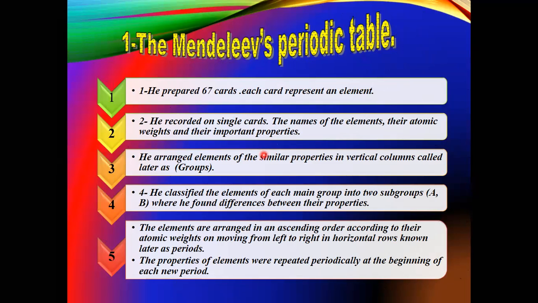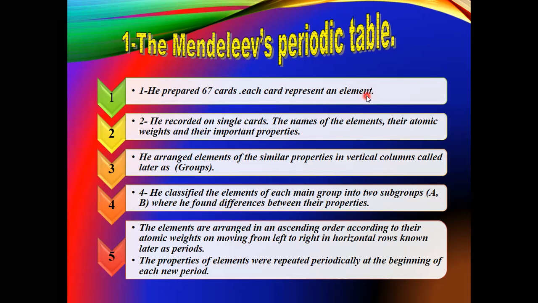He was a professional card player, so he used the cards method to prepare his periodic table. He prepared 67 cards. Why 67 cards? Because until this moment, the number of discovered elements was 67.